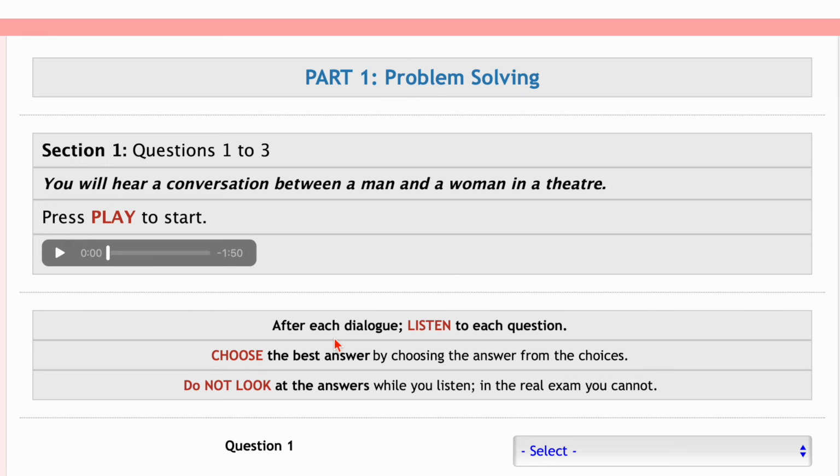Now, level 4, 5, even 6, we have difficulties taking notes. If you can take notes, that's wonderful, okay? As long as it doesn't interfere with your listening. Sometimes students try to take notes and they concentrate on spelling or taking the notes and they make those mistakes.